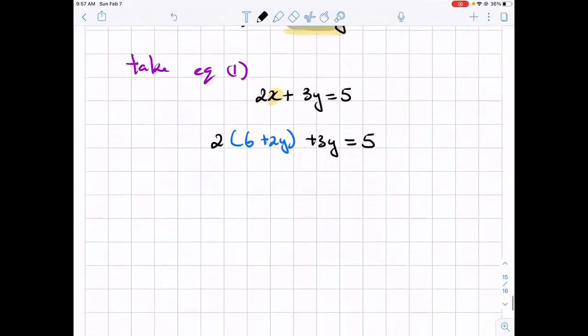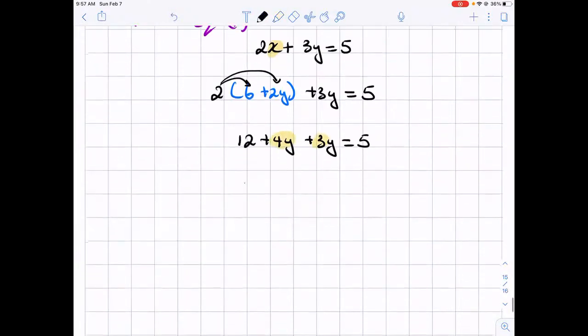And the whole point of doing this is so that you can have an equation with only one variable. If we distribute now, 2 times 6 becomes 12, 2 times 2y becomes plus 4y, plus 3y is equal to 5. Combine like terms, we have 12 plus 7y is equal to 5.